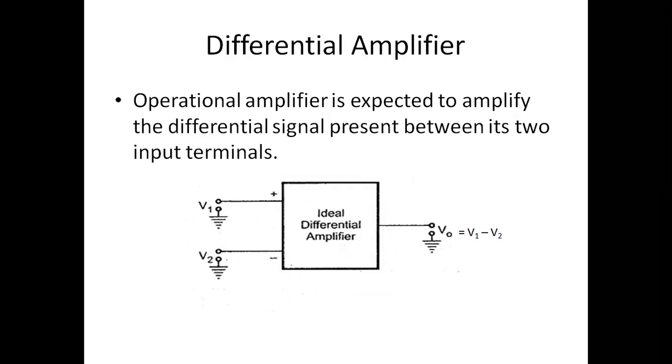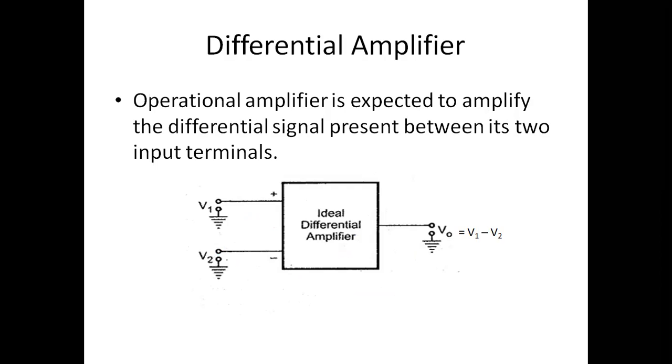So here, when we are using the op-amp, it can be used as the differential amplifier. The op-amp is used to amplify the differential signal which is present between the two input terminals. It means we are supposed to amplify the difference between the input signals.